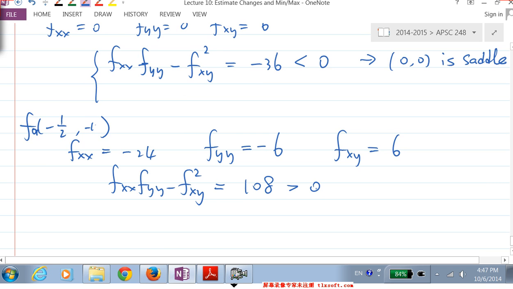If you look at the rules there, fxx at this location is less than 0. So together, this location is a max. Was that good?